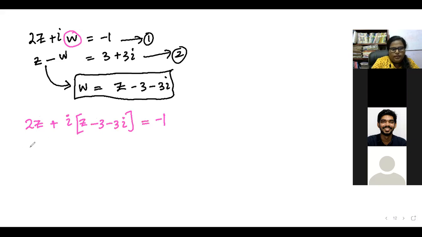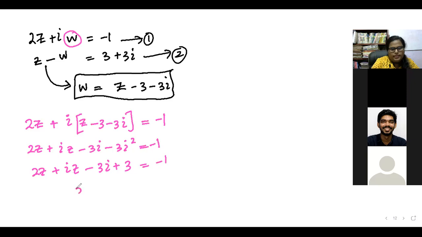So we can simplify this now. 2Z plus iZ minus 3i square equals -1. Right, so we can simplify this as 2Z plus iZ minus 3i plus 3 minus 1. So we can simplify for Z here.